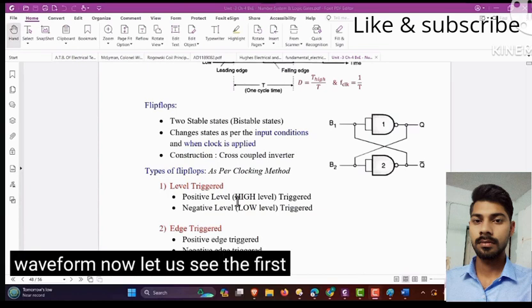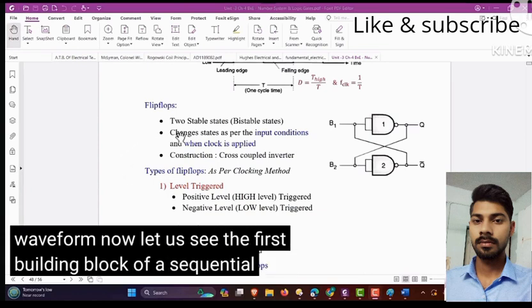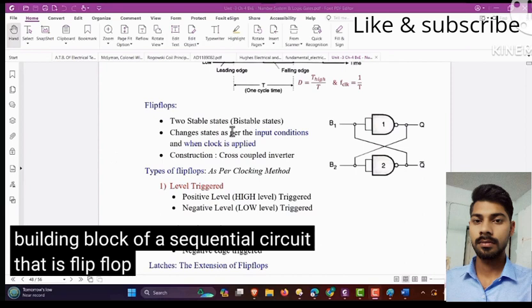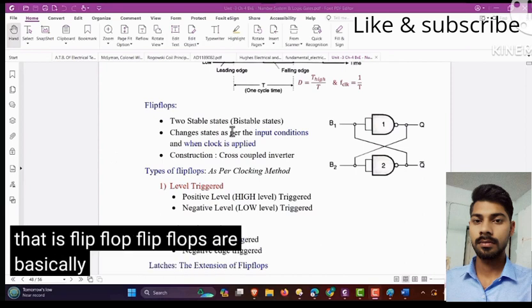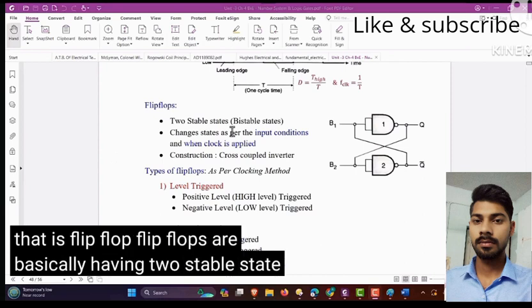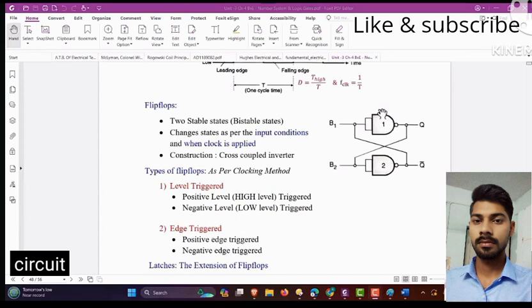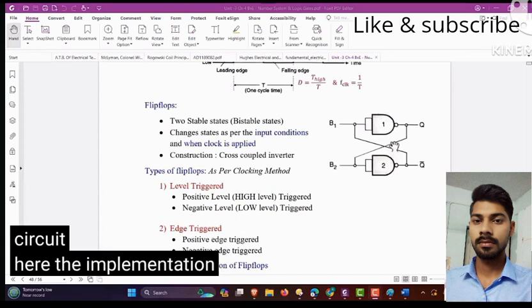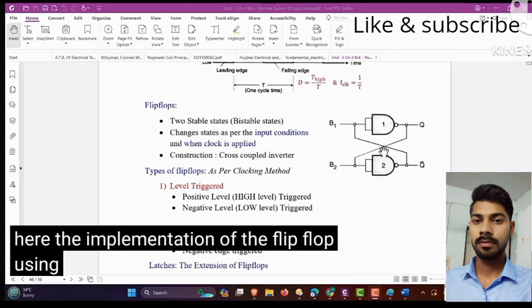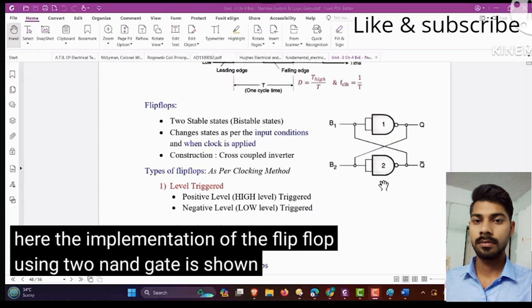Now let us see the first building block of a sequential circuit, that is flip-flop. Flip-flops are basically having two stable states. It is also called as a bistable circuit. Here, the implementation of the flip-flop using two NAND gates is shown.